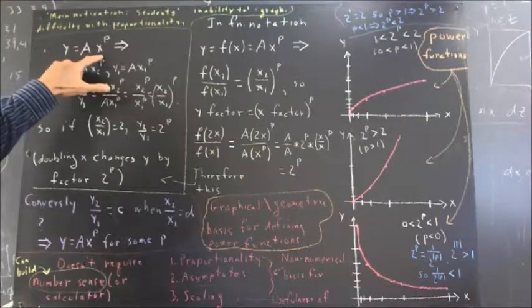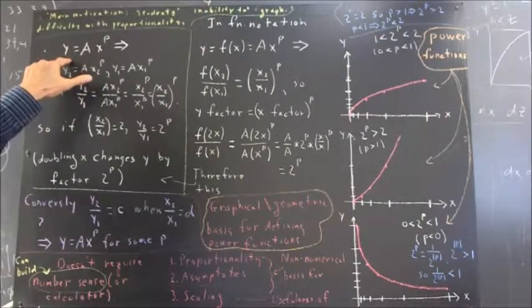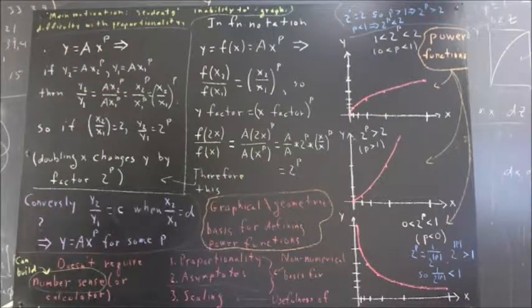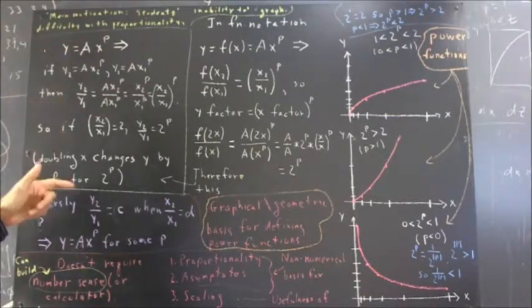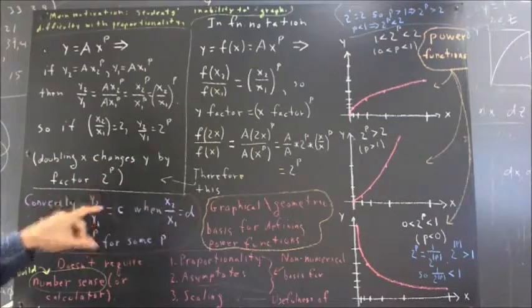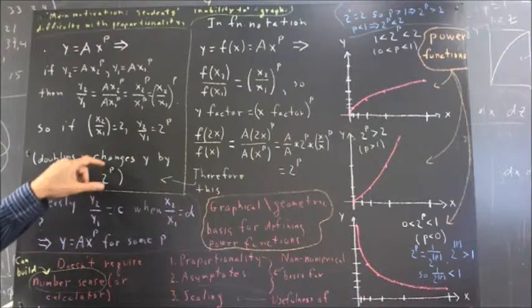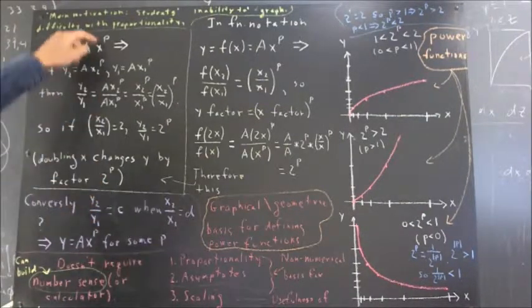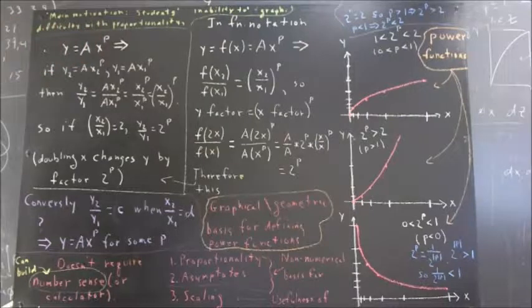If we have a power function, that is, if y is a function of the form a times x to the p, then it follows that doubling x changes y by a constant factor, and that factor is just 2 raised to the p power. Okay, 2 for the doubling, p power, matching the power of the function. And it's really easy to see this.